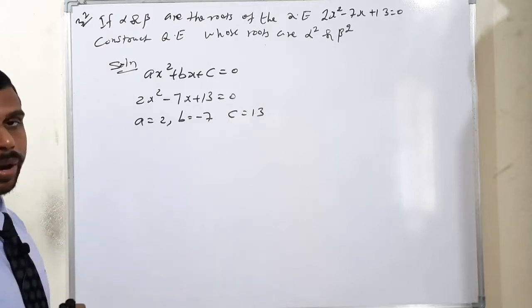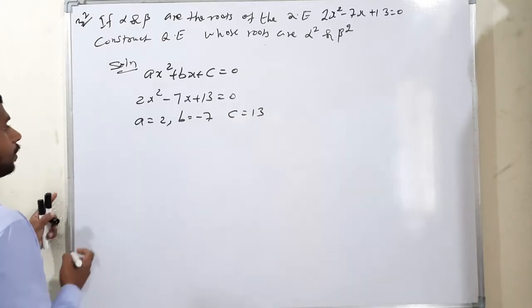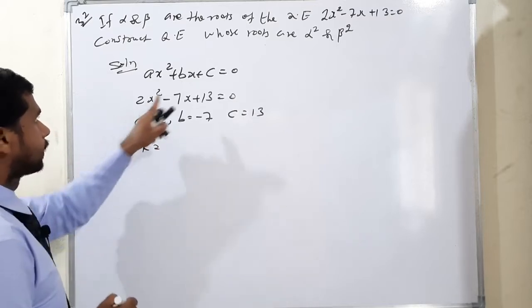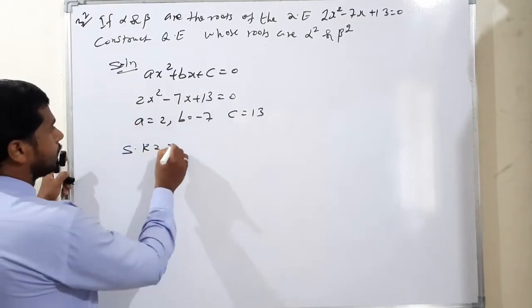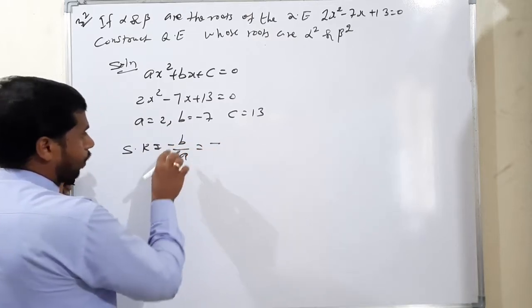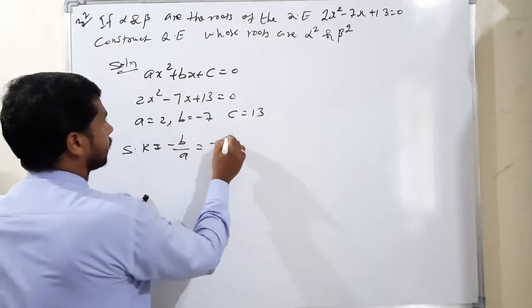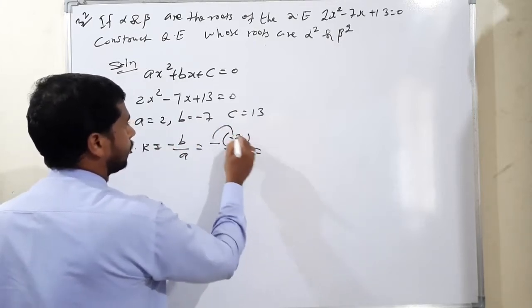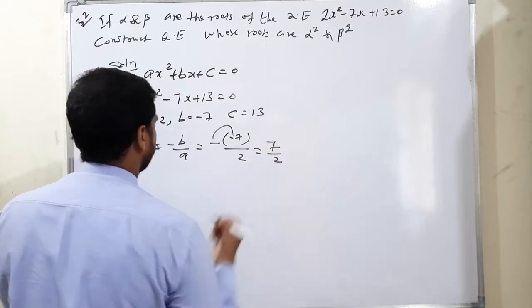Then first we need to write the sum of the roots, isn't it? Sum of the roots means minus b by a. So minus, then b we already know is minus 7, so minus 7 by 2. Therefore, minus into minus plus, 7 by 2.